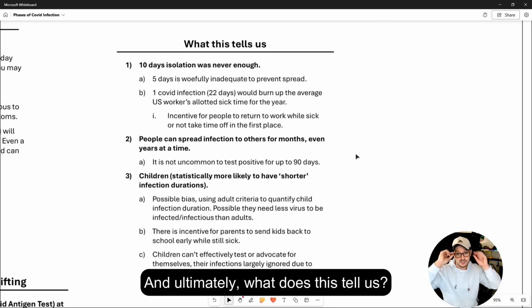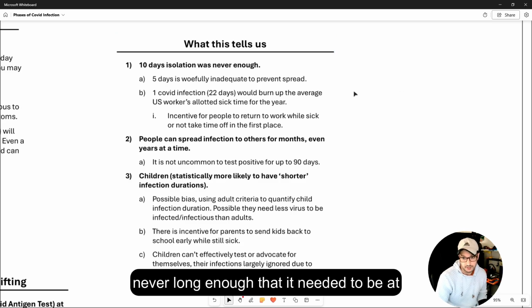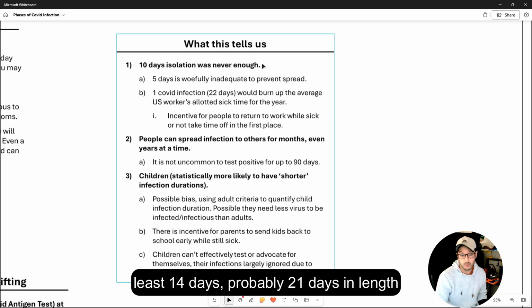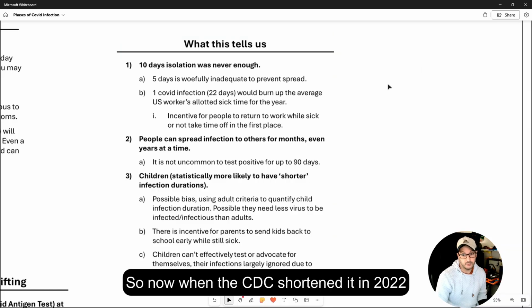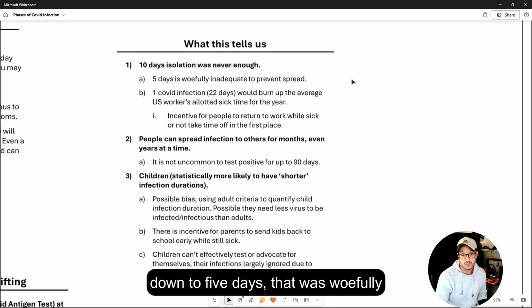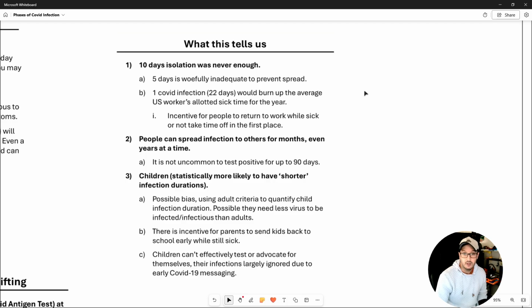And ultimately, what does this tell us? Well, one, that the 10-day isolation was never long enough, that it needed to be at least 14 days, probably 21 days in length to be safe, which is 3 weeks. So now when the CDC shortened it in 2022 down to 5 days, that was woefully inadequate to prevent transmission and spread of COVID.